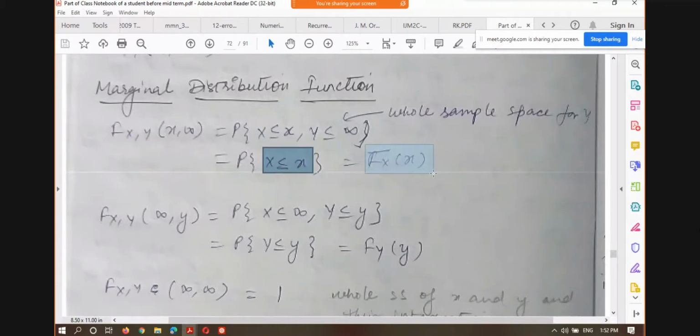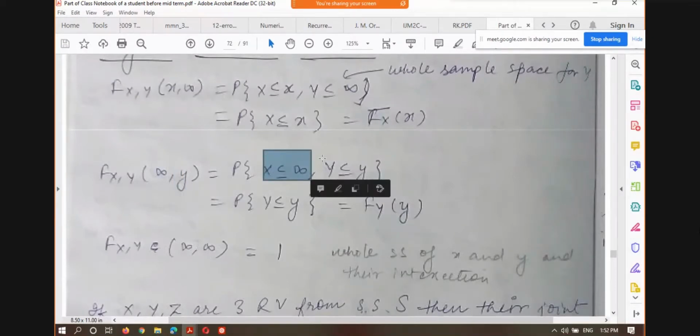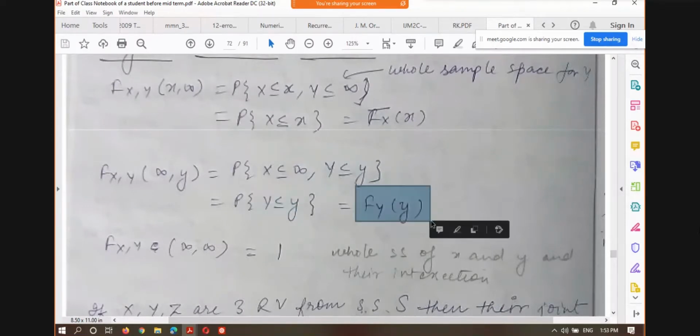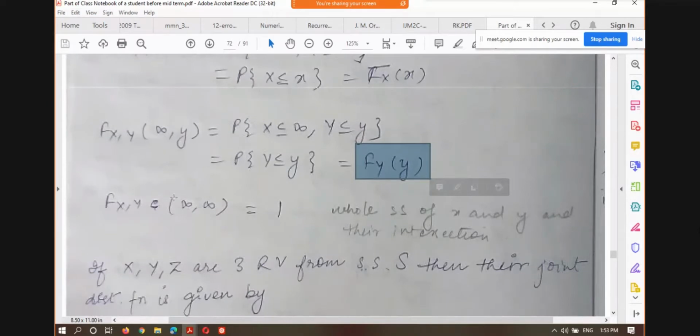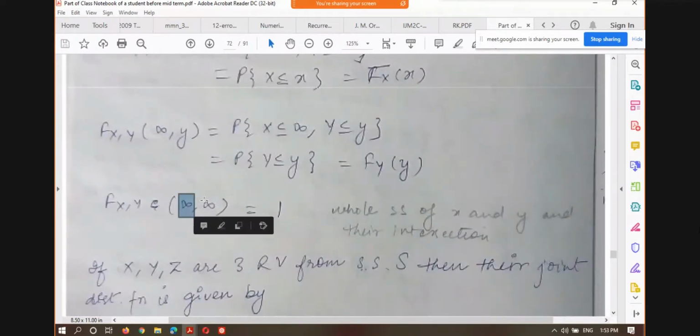So it is actually the distribution function for the random variable X. Similarly, F_XY(infinity, y) gives you the whole sample space for x, and S intersection with this event gives you this event, and finally it is the distribution function for the random variable Y. And if both are infinity, then this is S, this is also S, and the intersection is again the sample space S, and the total probability is 1.